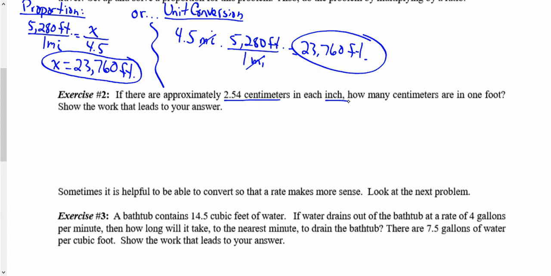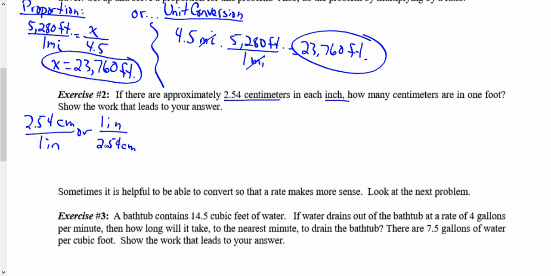So I could say 2.54 centimeters to 1 inch, or equally valid, 1 inch over 2.54 centimeters, right? And which one I use is going to depend on what I have to cancel out.